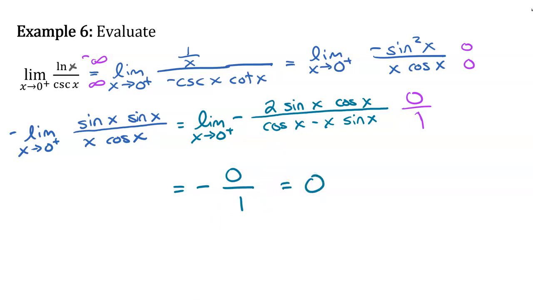Just because our answer is 0 does not mean we're wrong. So we can do this as long as we have L'Hopital to fall back on. We have infinity over infinity, or we have 0 over 0. Whether it's positive or negative, we don't really care, as long as it's in one of those two forms.